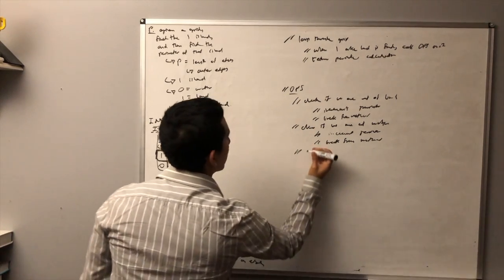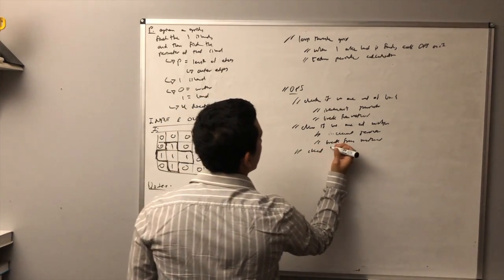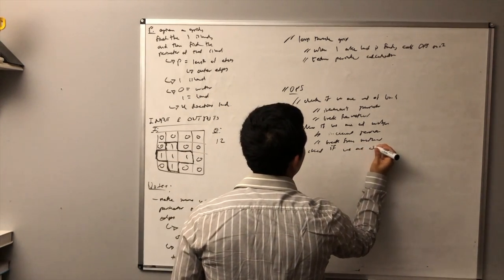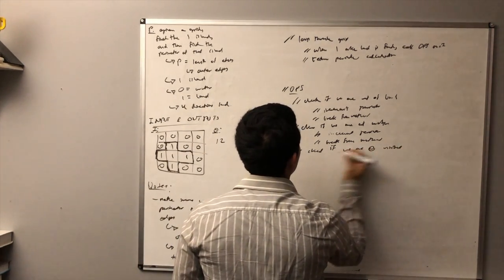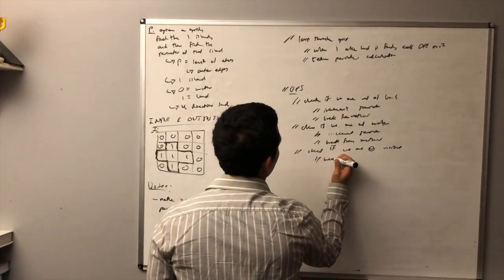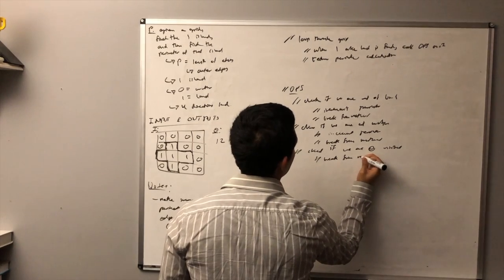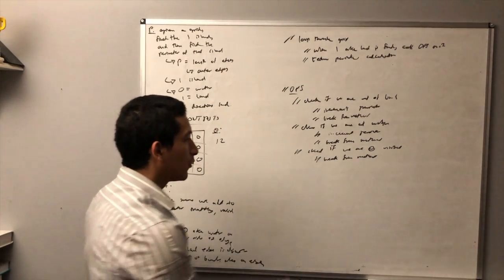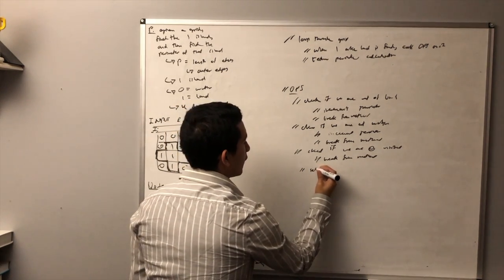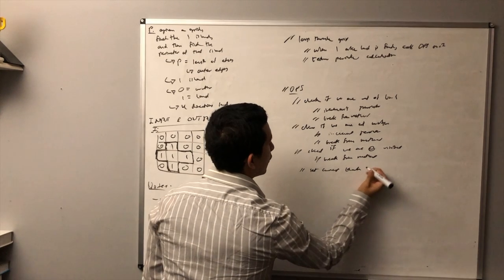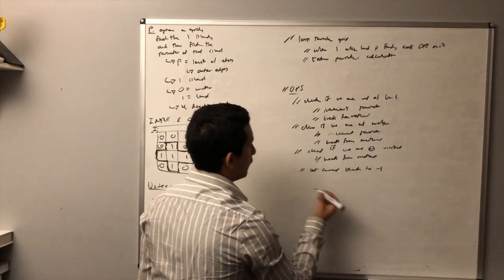Finally, we want to check if we are at a visited block. If that's the case, we don't increment the perimeter, but we do break from the method. After all these checks, the first thing we want to do is set the current block that we're on to -1, indicating that we visited.